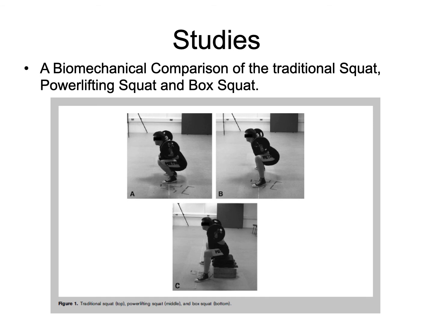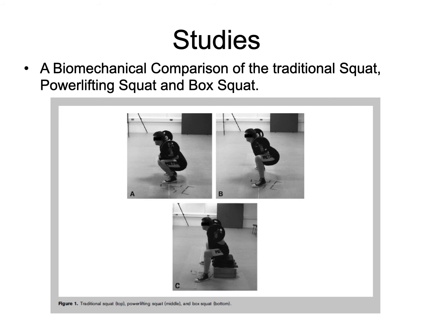So the next study was a biomechanical comparison of the traditional squat, powerlifting squat and box squat. The results obtained in this study discuss the fact that by restricting anterior displacement at the knee, you may be creating injury forces at the lumbar spine.